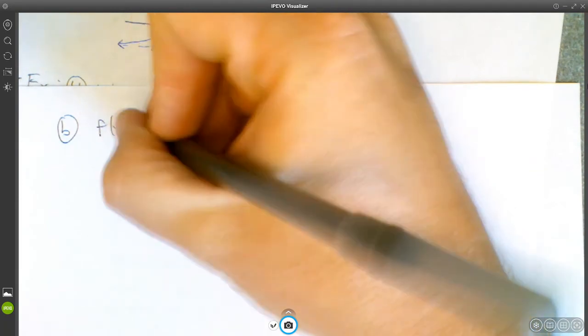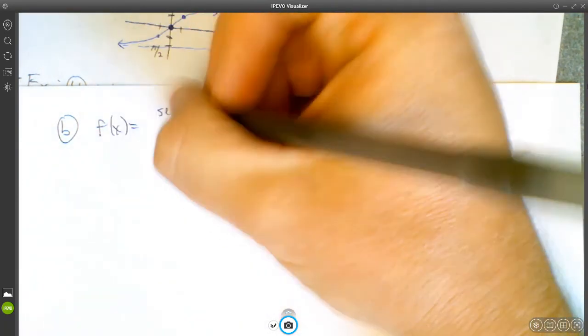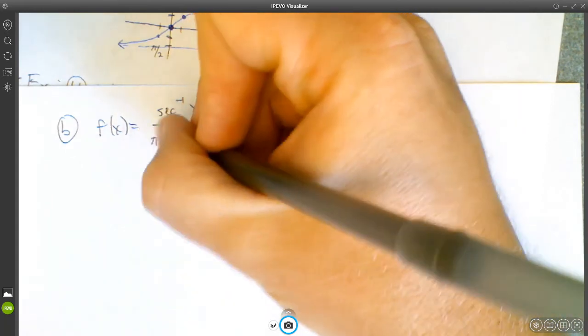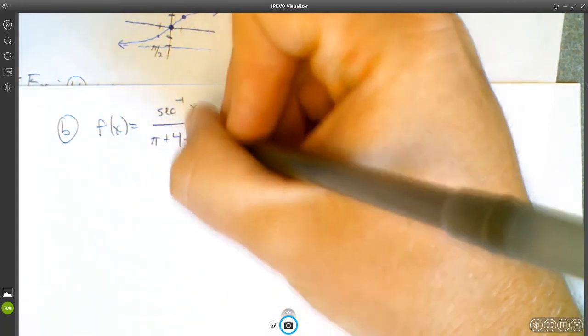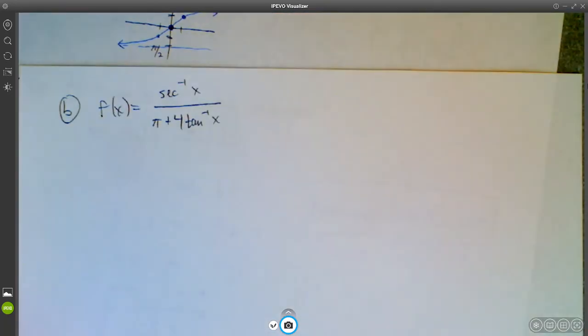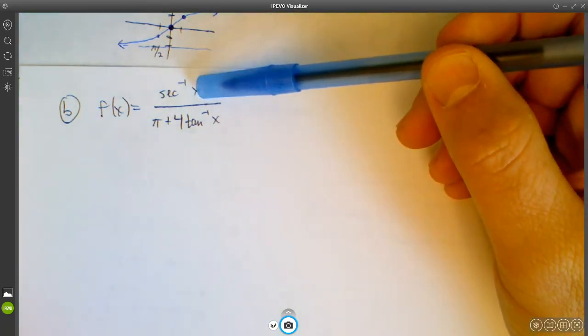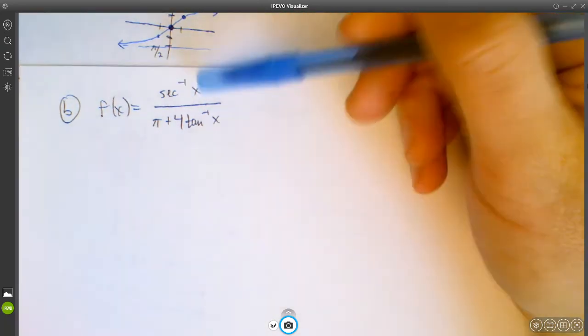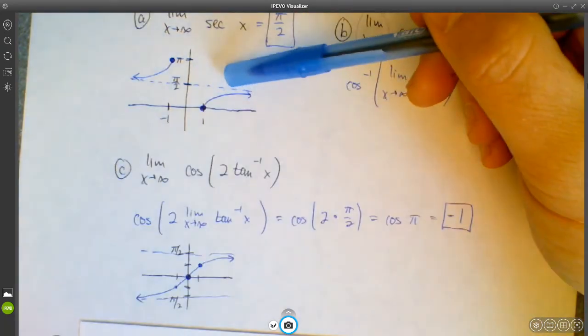Okay, where is the function continuous? Let's do f of x equals secant inverse of x over pi plus 4 tangent inverse of x. So where is that thing continuous? Well, in the first place, secant inverse of x, we drew a picture of it a second ago.